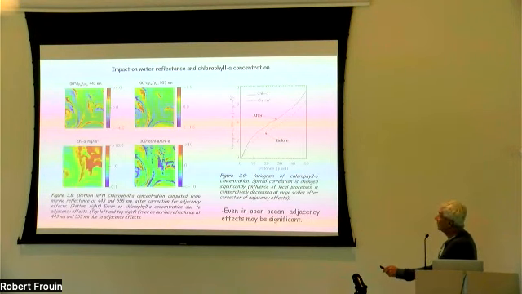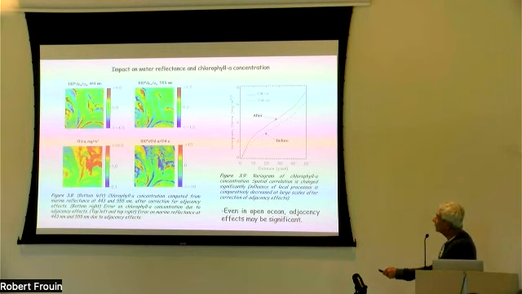And this is the effect of the adjacency effect after correction. So you can see that the changes range from -4 to 4% at 442 nanometers, and -1.5 to 0.5% at the other band.